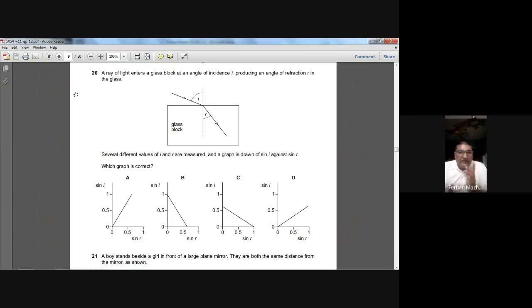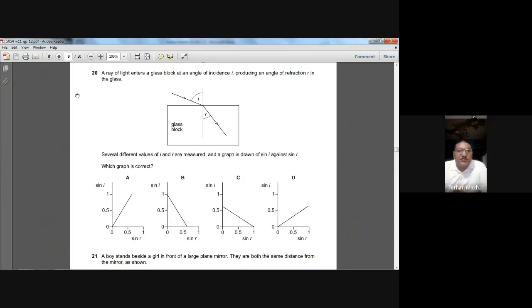The refractive index of this glass block will be definitely more than 1. So we are looking for that graph whose slope is more than 1 and it is positive. So when I am looking for a graph whose slope is positive and is more than 1, B and C will be out of question.